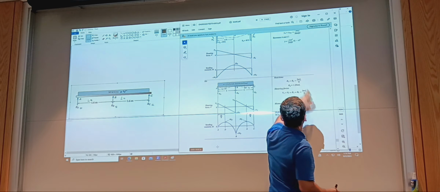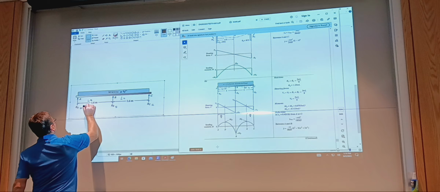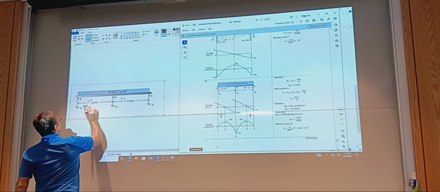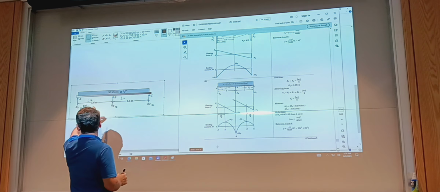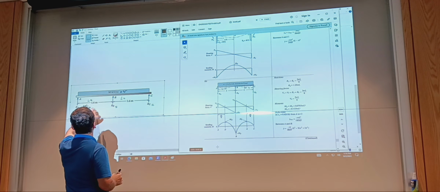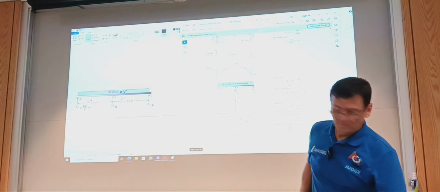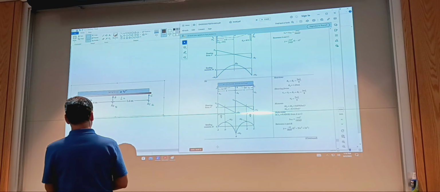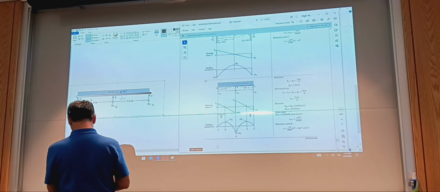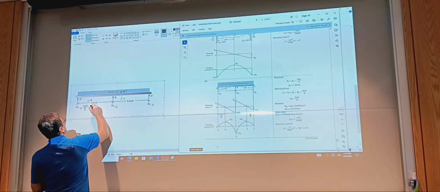Then we have RA equals RC equals 3WL over 8. This makes for 3 times 50 times 1.6 over 8, so this is 30 kilonewtons.